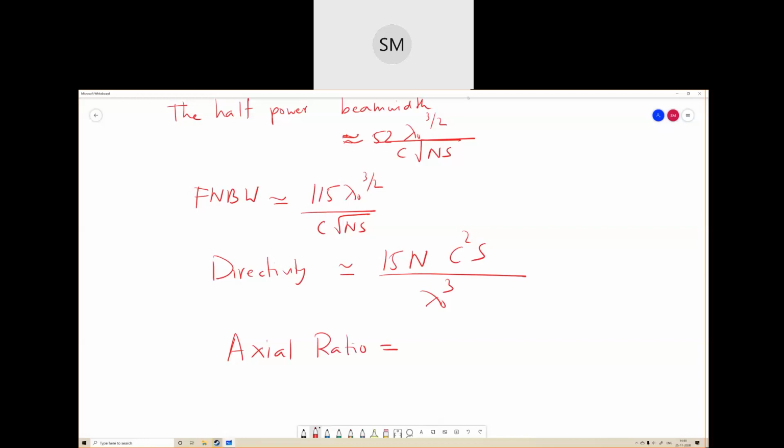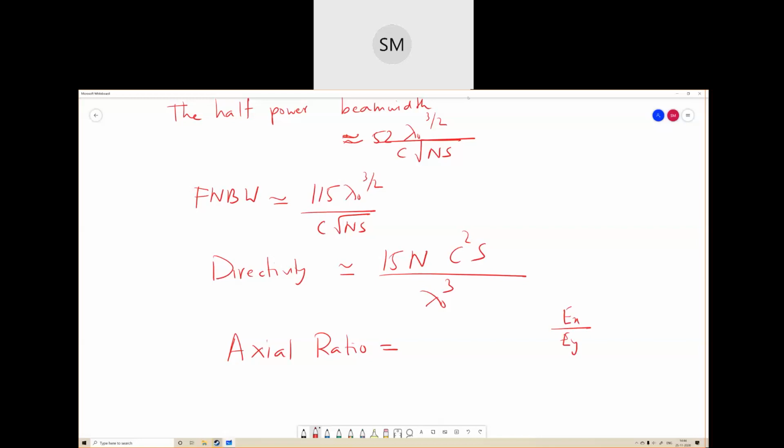In general, for circular or elliptical polarization, there are two components. What I told you, E theta and E phi, is correct for spherical coordinates. For Cartesian, it is Ex and Ey. So the axial ratio is simply the ratio of these two components, and there will be a 90-degree phase difference.